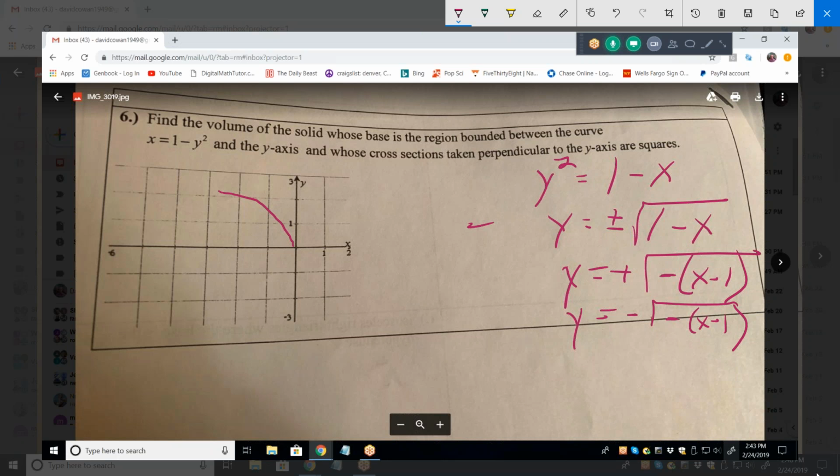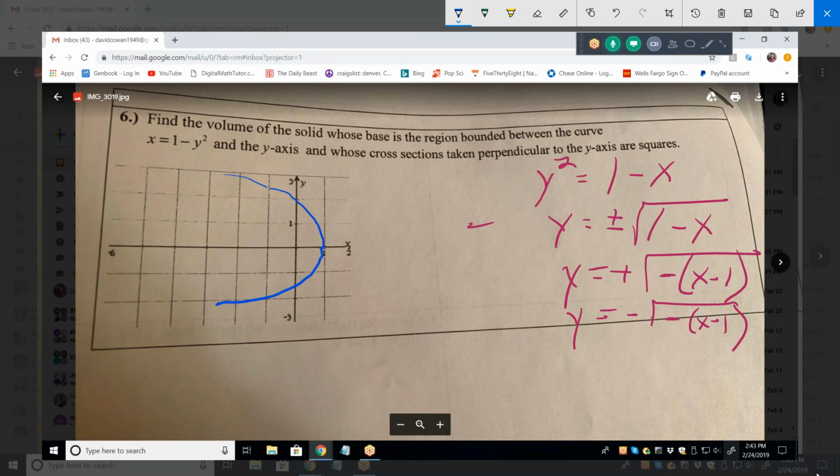However, that still is a horizontal shift of 1 unit to the right. So the way this thing really plots is kind of like this. And there's the plus side of it, the blue line, and the minus side is that.